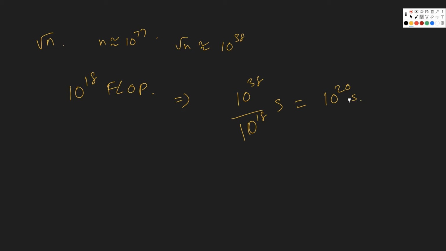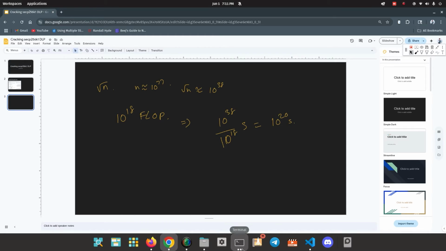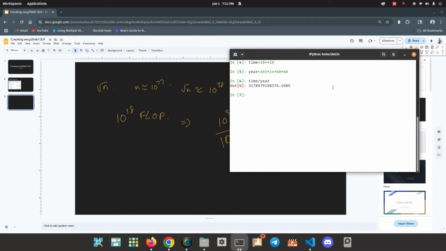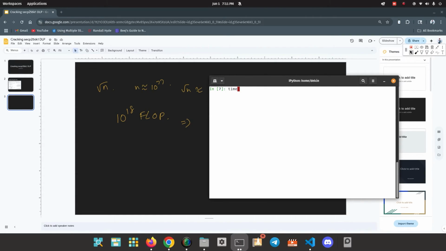So how long is 10 to the power 20 seconds? Is it a matter of days or years or what? For that, let's open our Python calculator. Let me remove this calculation first and start fresh. Duration is equal to 10 to the power 20.